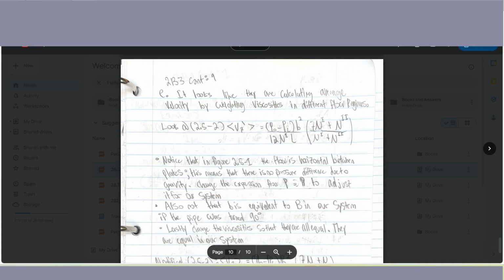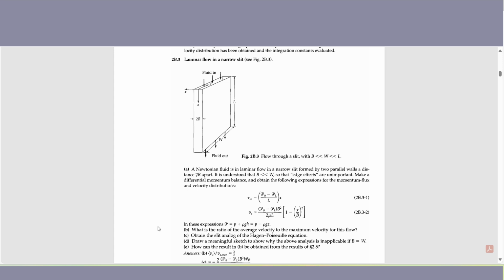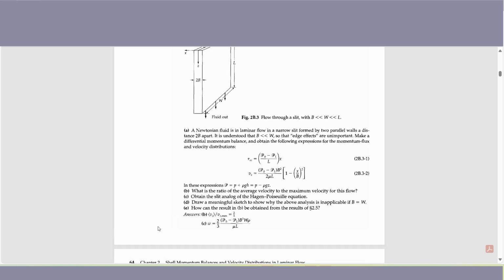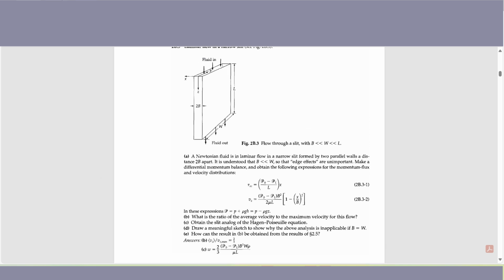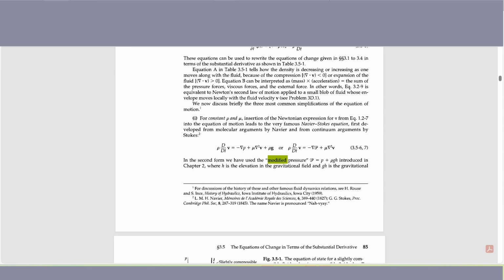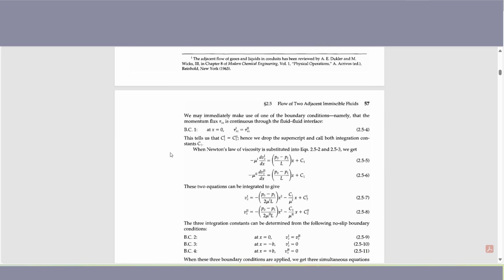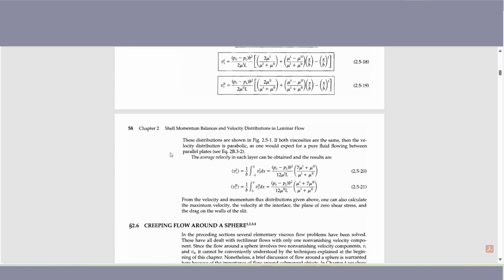All right, part E: how can the results from B be obtained from the results in example 2.5? Basically, we can just use the same equations.